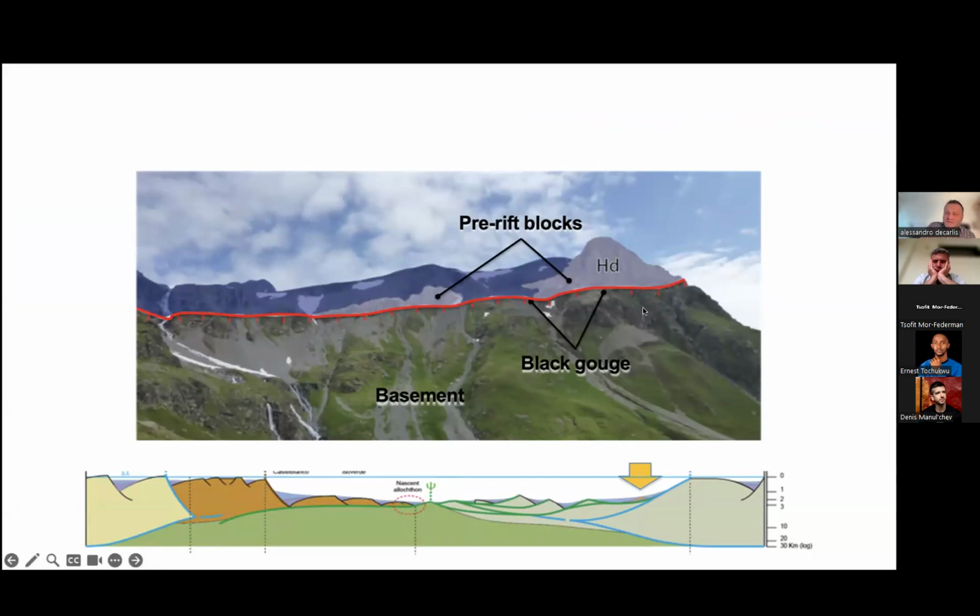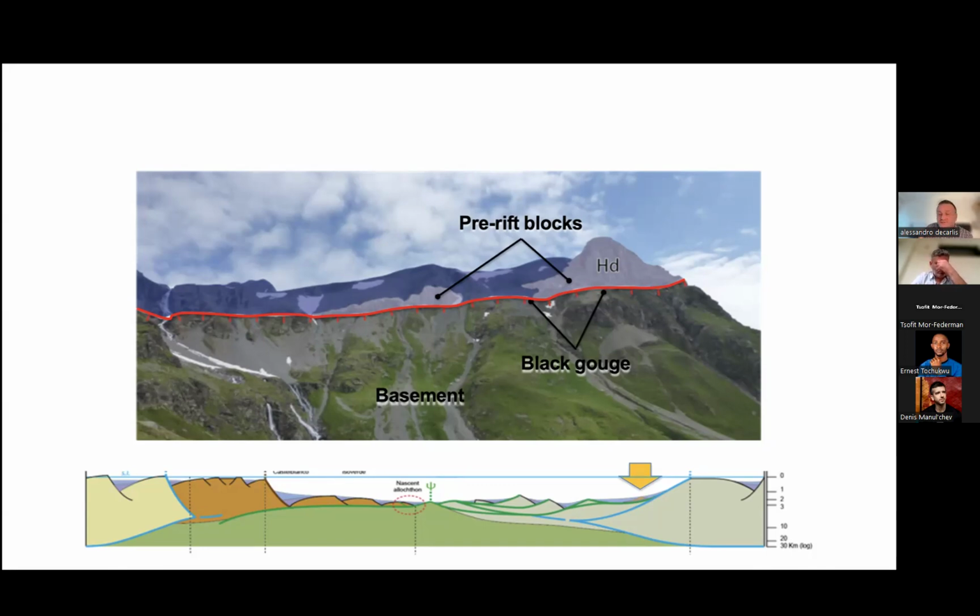And all these lines that you have in here were detachment faults, and then were later reactivated during orogenesis as thrusts. This kind of information you can only have in the field, where you can explore natural sections, where you can explore lithologies, you can measure things.